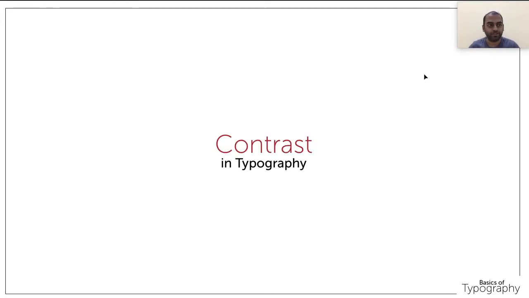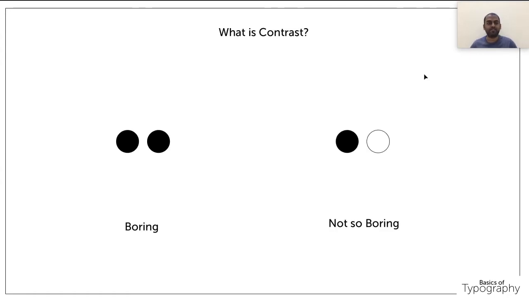Contrast in typography. So what is contrast? On the left-hand side you can see two small circles of a similar pattern, one is the same as the other. Imagine hundreds of similar circles; it would definitely be boring. But on the right-hand side, there is something which differentiates one circle from another.